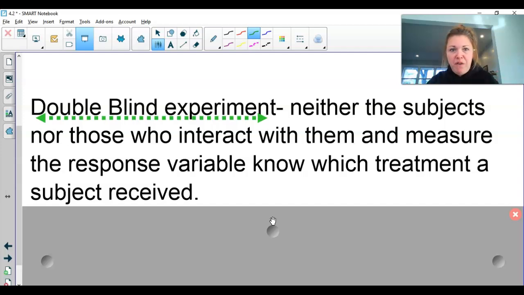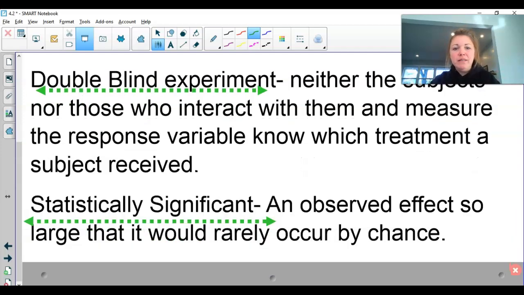If the researcher finds statistically significant results, that is an observed effect so large that it would rarely occur by chance. That's that whole idea. If I flipped a coin 100 times and 90 of the times it flipped heads, that's significant. Something is wrong with that coin.